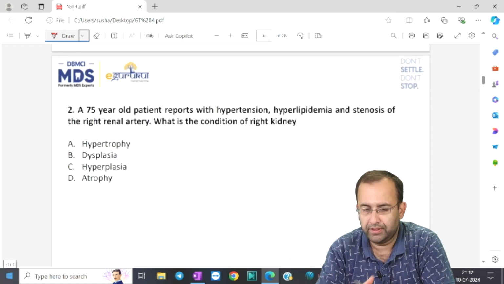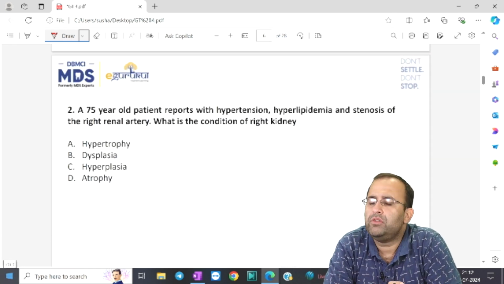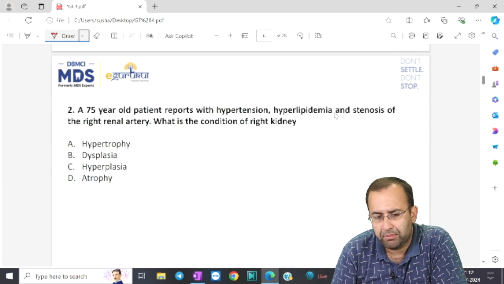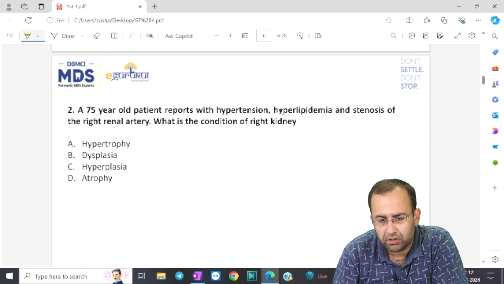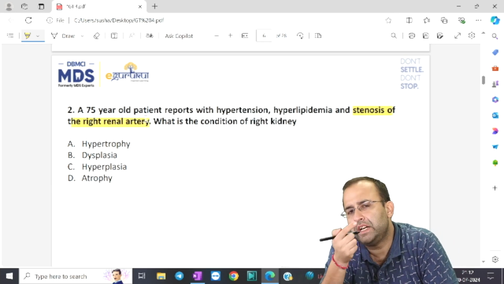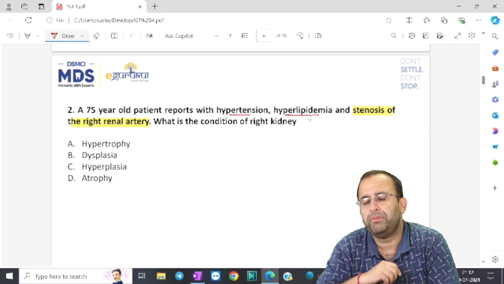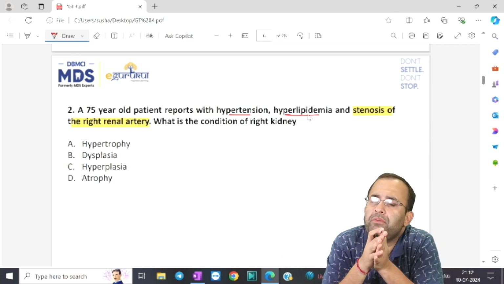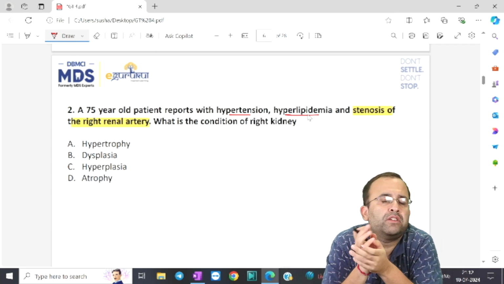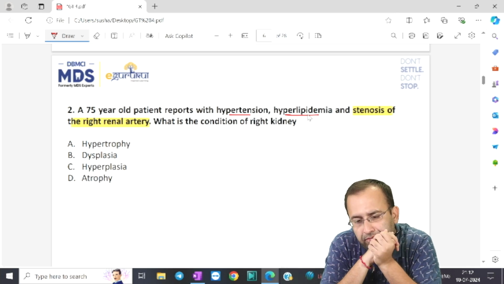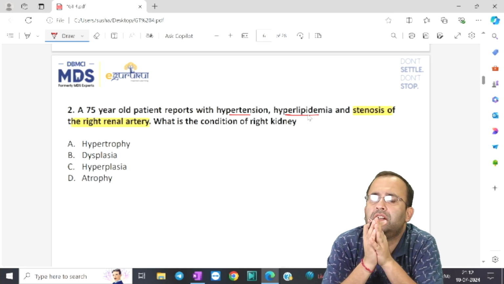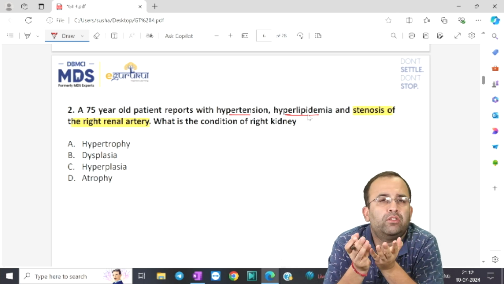Next question. A 75-year-old patient complained of hypertension, hyperlipidemia and stenosis of the right renal artery. Why is stenosis of the right renal artery taking place? Because of hypertension and hyperlipidemia. So what is the condition of the right kidney? Which is very obvious.